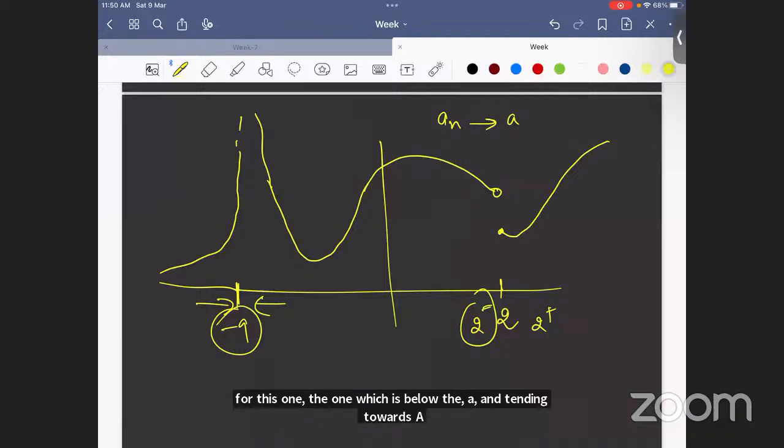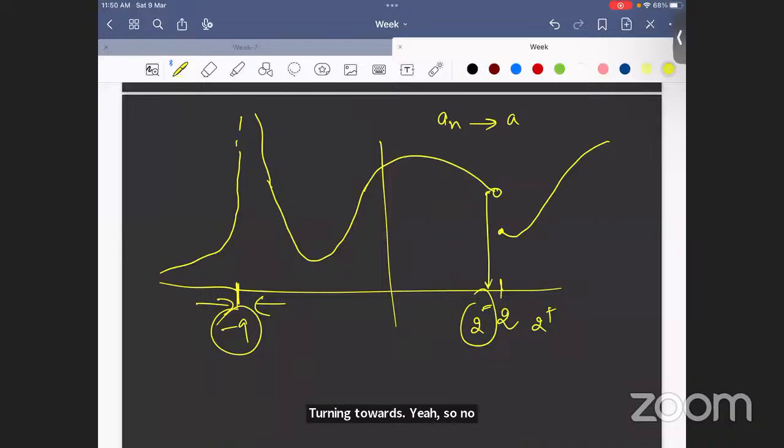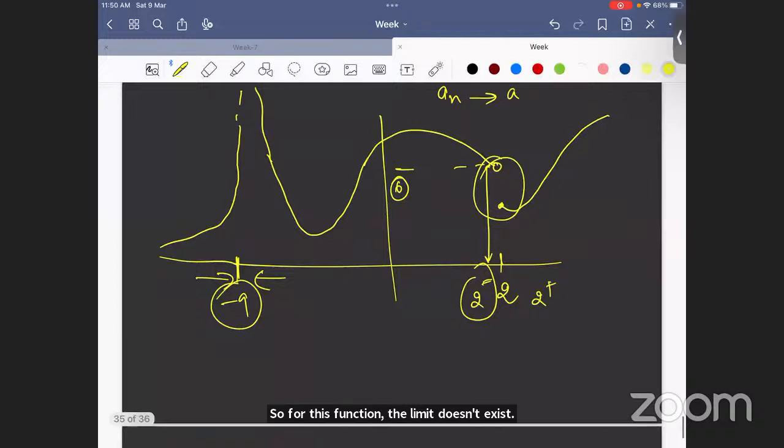So for this we have this value, right? Let's say this is at 6. For the limit, we don't discuss the exact value at that particular point, so we deal with the neighboring values. For this function the limit doesn't exist. Why? The concept is, for the left hand limit we are getting, let's say, 6, and this is 2.